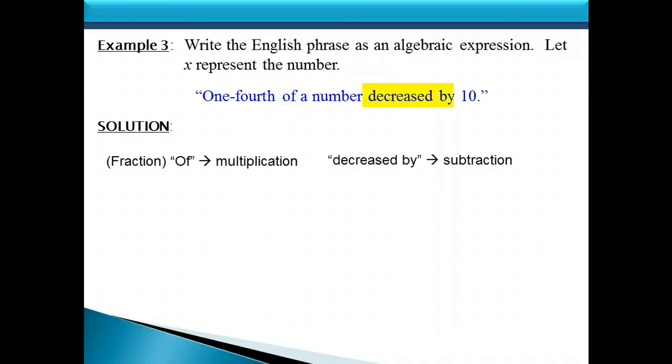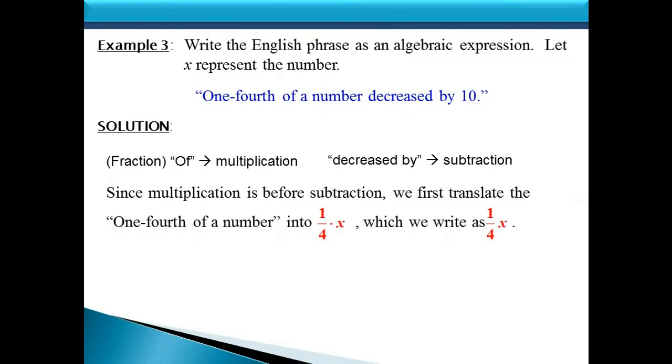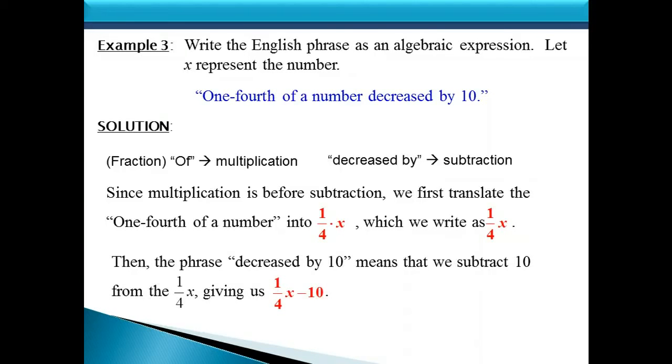And then we also have the phrase decreased by, which remember represents subtraction. And since multiplication comes before subtraction, we would first translate the 1/4 of a number part of our phrase into 1/4 times x, and we would write that as 1/4 x, just dropping that multiplication symbol. Then the phrase decreased by 10 means that we subtract 10 from what we have so far, which is 1/4 x, and that gives us 1/4 x minus 10.